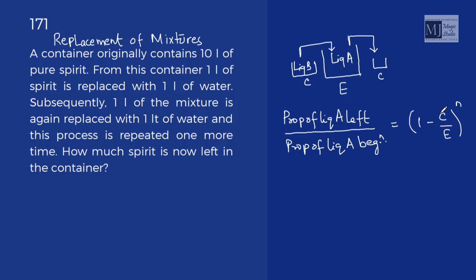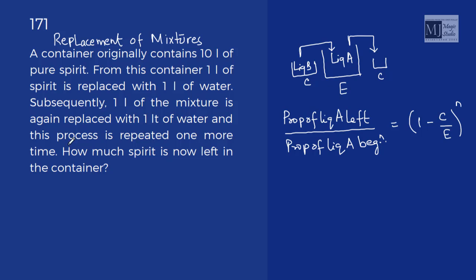C is the size of the small container, E is our big container, n is the number of times this process is repeated.